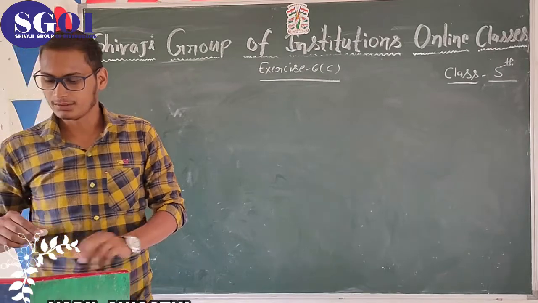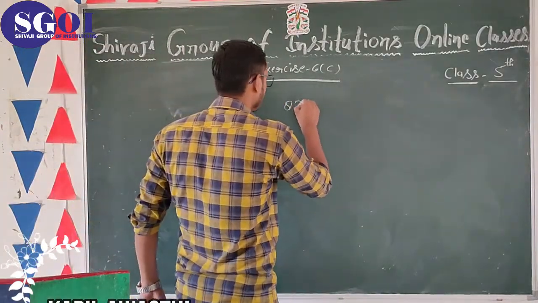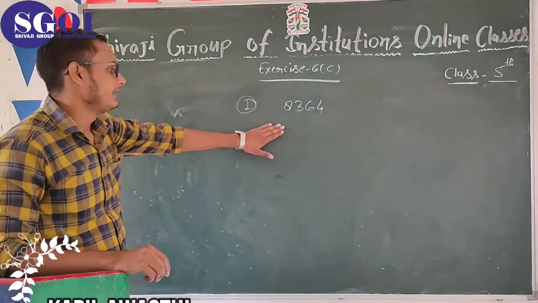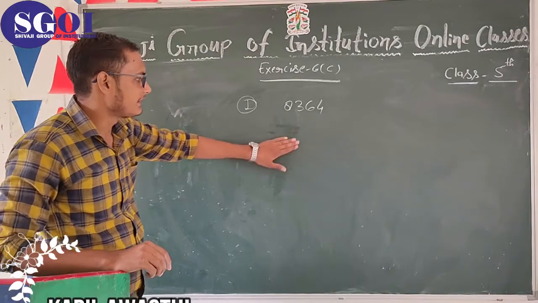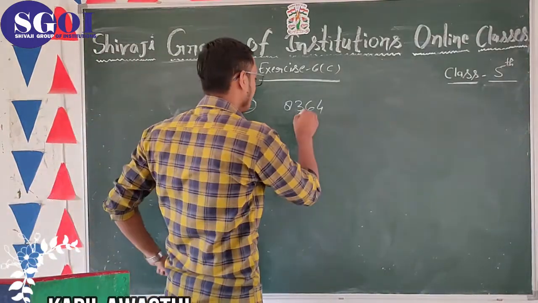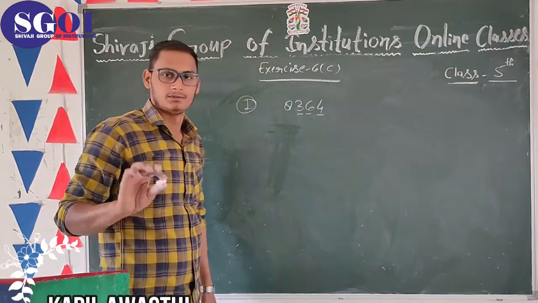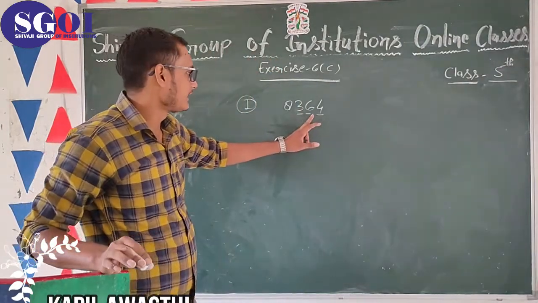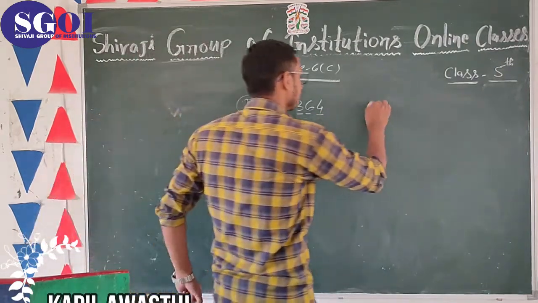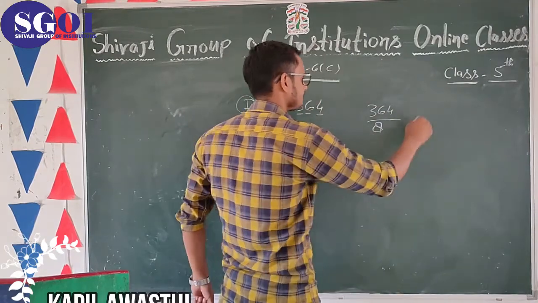So question number 1, 8364. This is a number and we have to find whether it is divisible by 8 or not. First we check whether the number formed by the hundreds place, tens place and ones place, 364, is divisible by 8.